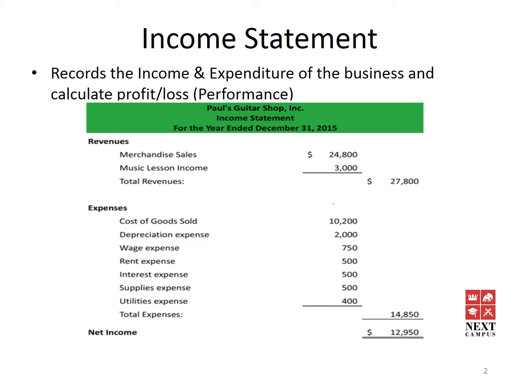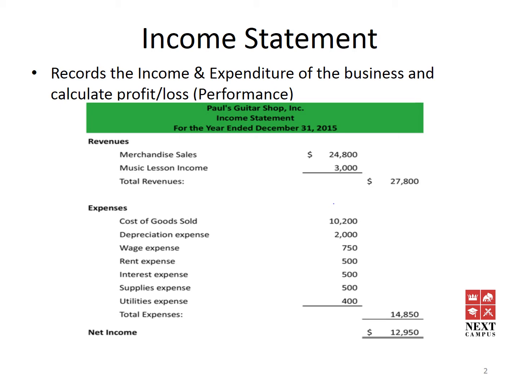I have given you a basic example of an income statement. Just see, revenue is the top line of the income statement, and from that you reduce all the expenditure. So revenue from merchandise sale, music lesson income, total revenue 27,800. From that you deduct all the expenditure: cost of goods sold, depreciation, wage, rent.